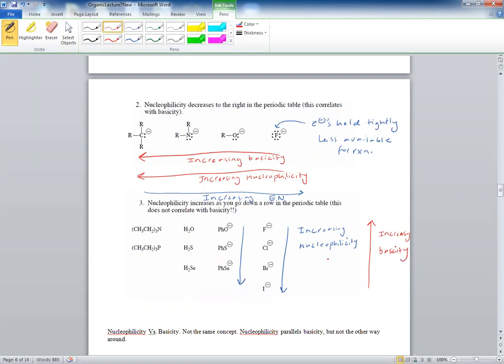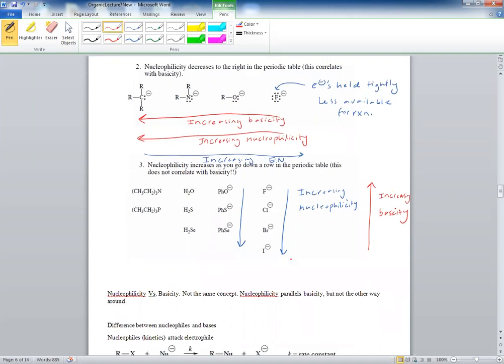And the reason why, and we're just going to keep it simple, is that these right here are more polarizable. Once again, the electrons are not held tightly. Electrons are more loosely bound, which makes them more available for the reaction.